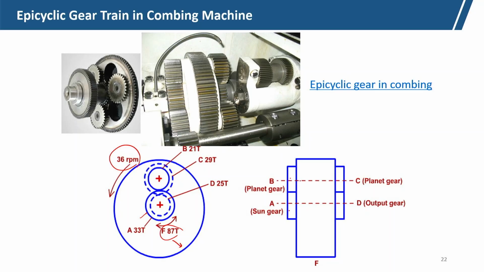B and C are on the same shaft, so they will rotate at the same rpm. C ultimately drives T, which is the output, and from this output gear the detaching roller gets its motion. Now, A has got the motion which is intermittent.